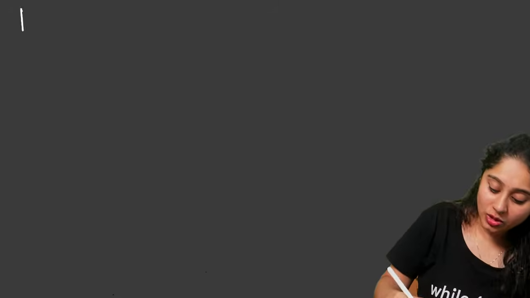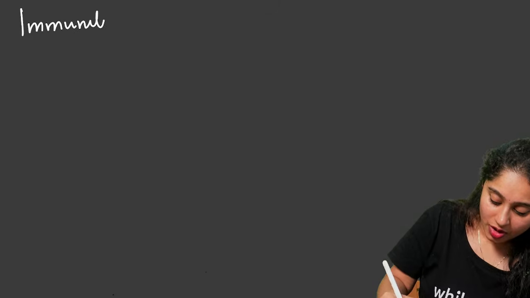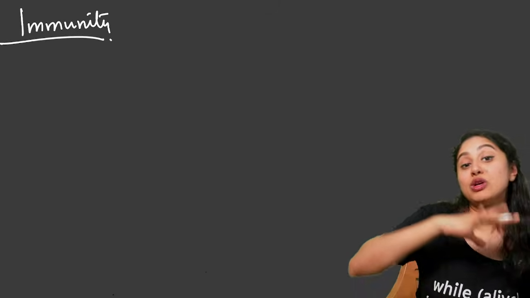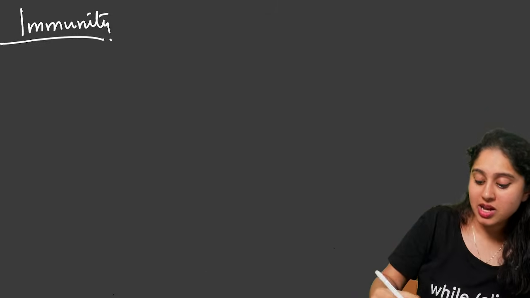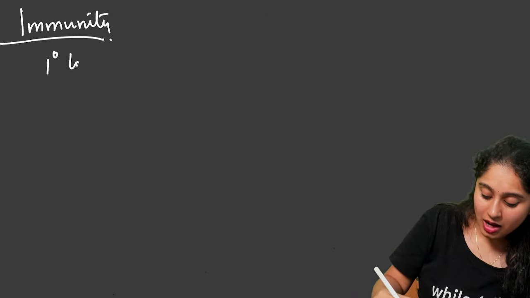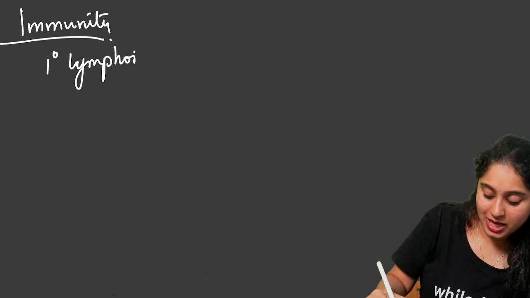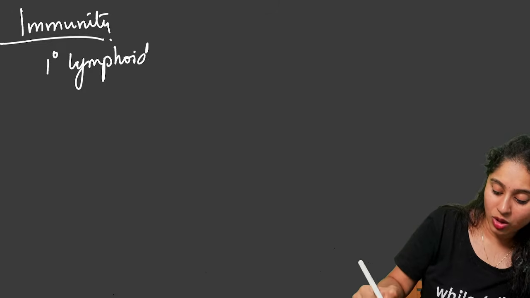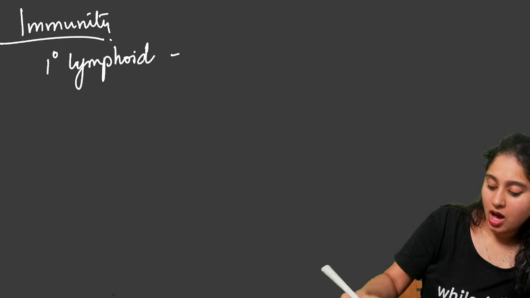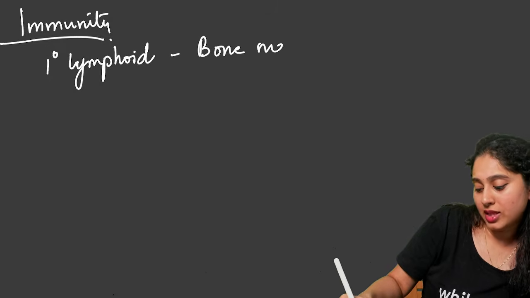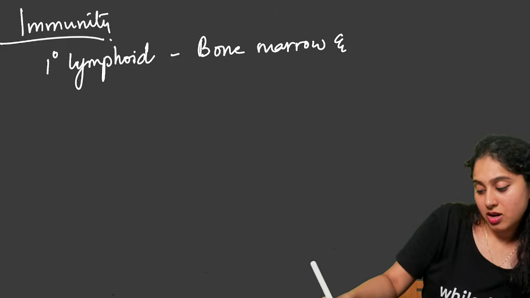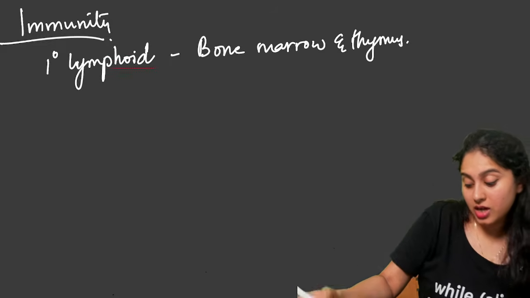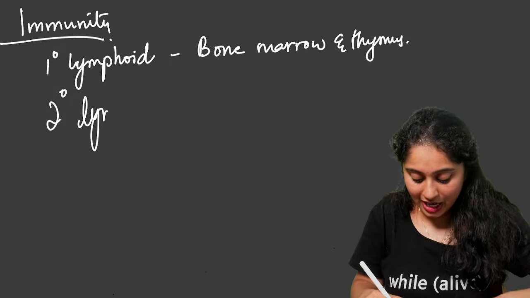Coming to immunity. First, remember that we have an immune system that is working for us. The primary lymphoid organs, or primary immune organs, are nothing but the bone marrow and the thymus. From here, it goes to the secondary lymphoid organs.